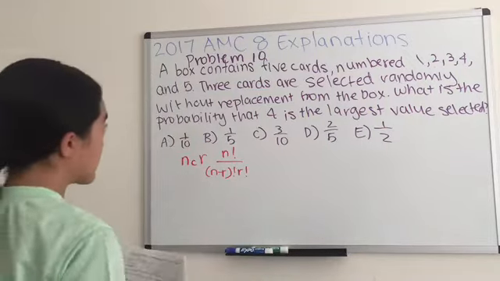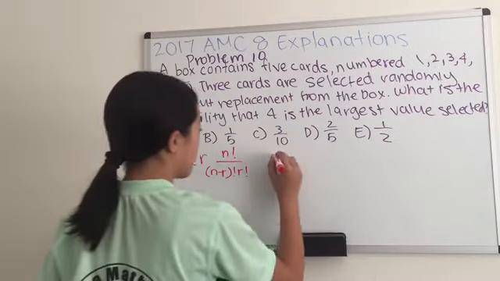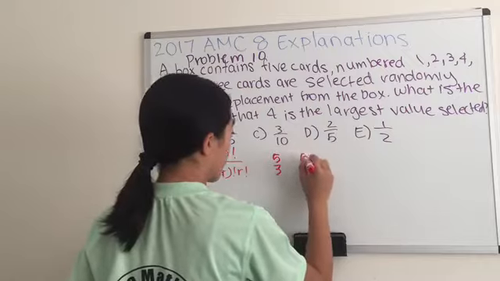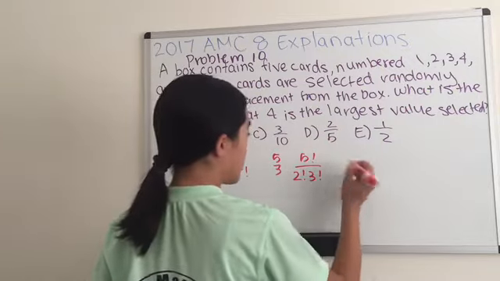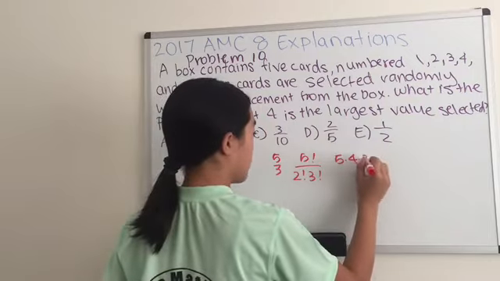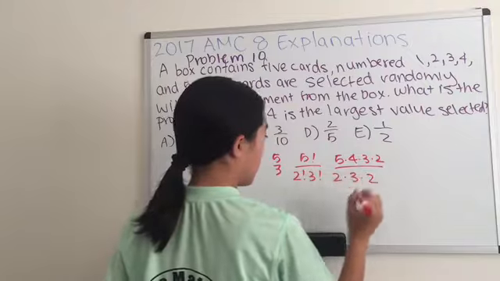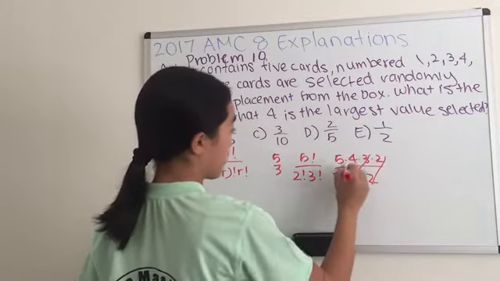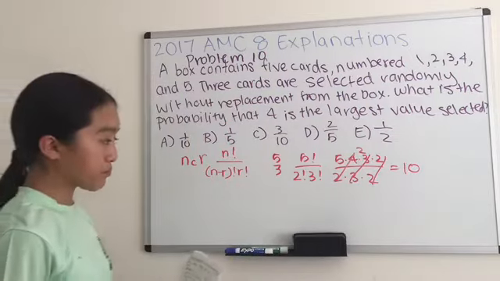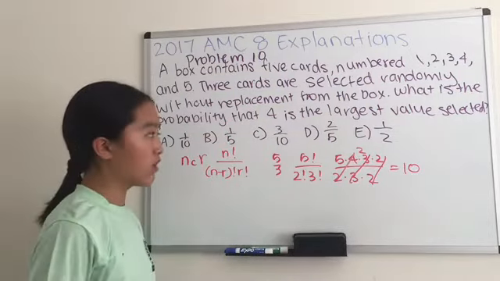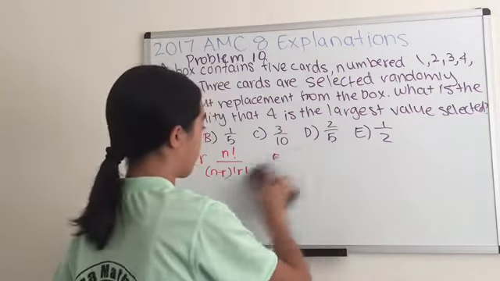So using this, since we have 5 cards and we're choosing 3, that's 5 choose 3, which is 5 factorial over 2 factorial times 3 factorial, which if solved out, you can cross out some numbers and you get the answer of 10. That means there are 10 total possibilities for the 3 cards that you pick out.